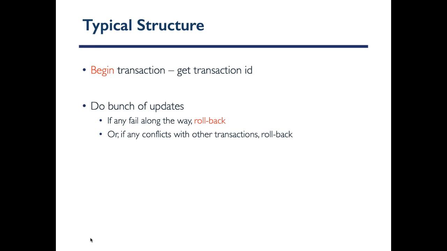A typical structure for transactions is that you begin your transaction and do a bunch of updates. If something fails, you roll back, or if there is any conflict with other transactions, you roll back. If none of that happens, then you can commit your transaction.